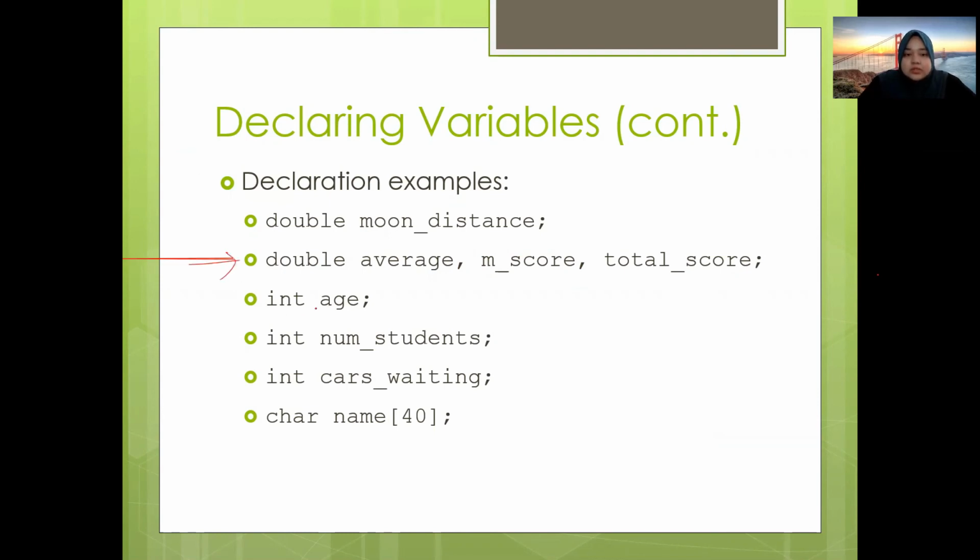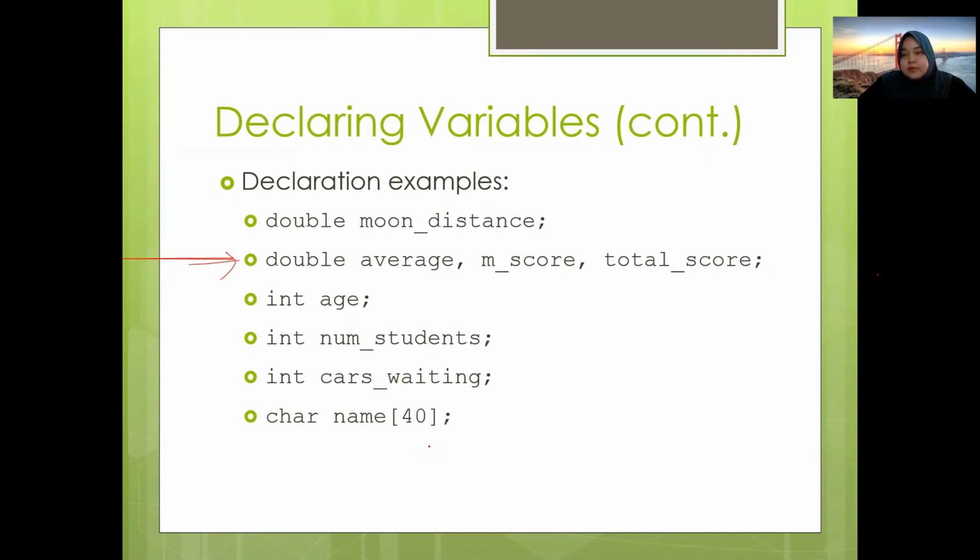Okay, so int age; int num_student; int course_rating; char name[40]; Ini adalah declaring variable, mewujudkan memori untuk simpan data. Okay, boleh?